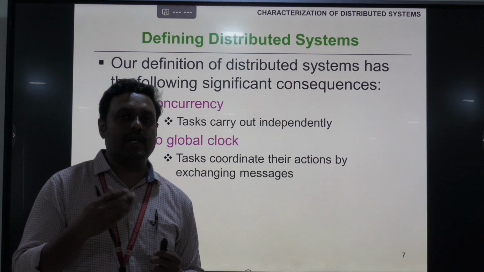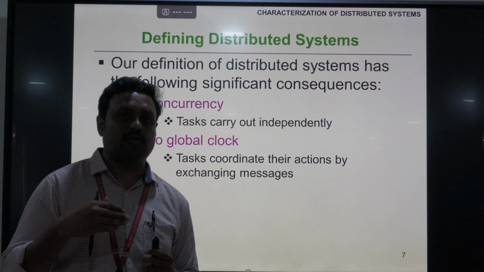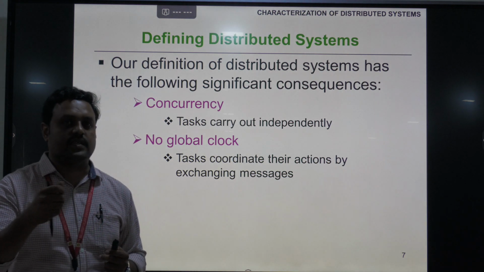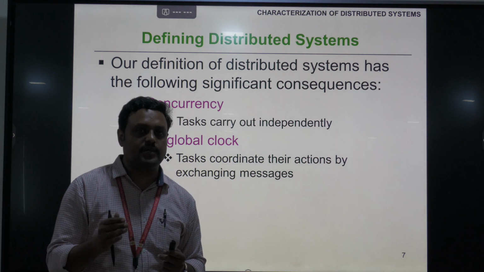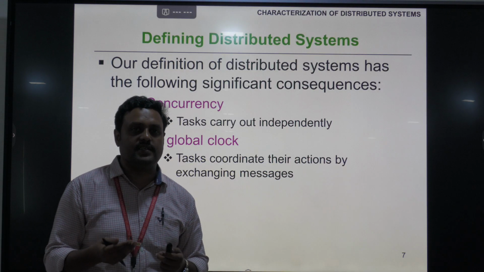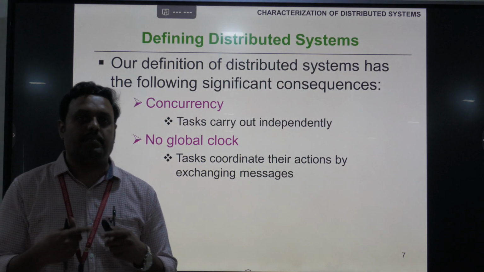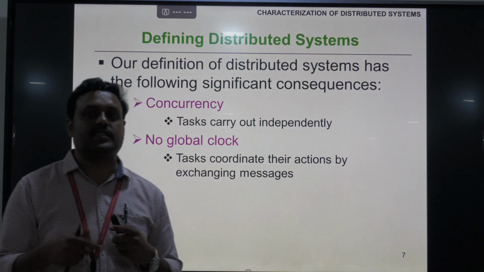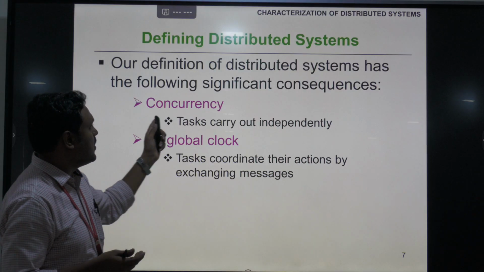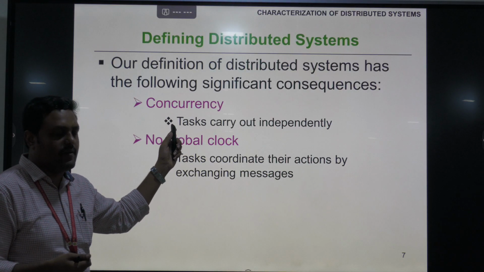Concurrency means multiple messages have to be sent at a time. Sending one message at a time is not possible in a distributed network, and there is no use in that. So the messages have to be sent concurrently to the end clients. That is one of the major consequences.